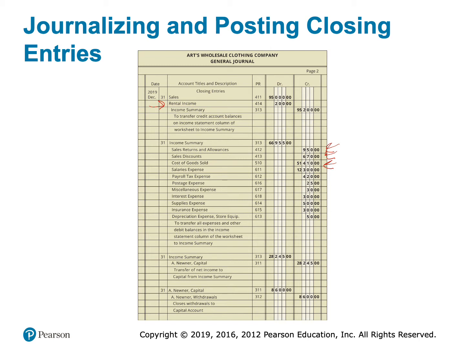So we had to credit all of those to zero those out. So everything on the income statement gets zeroed out. And then we ended up with a credit balance in income summary. So we debited income summary and credited capital. And then to close withdrawals, remember we debit capital and credit withdrawals.